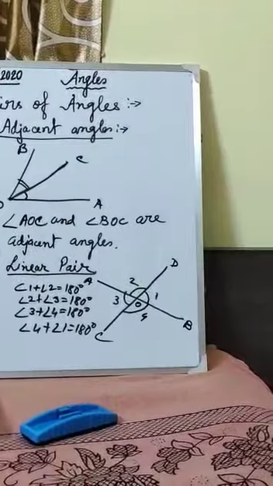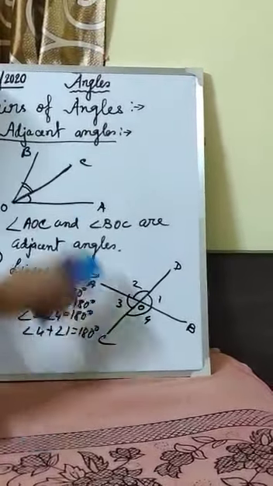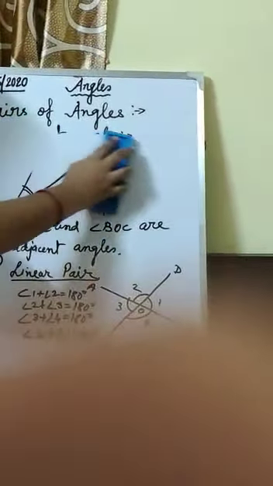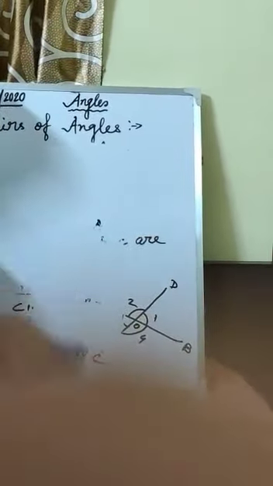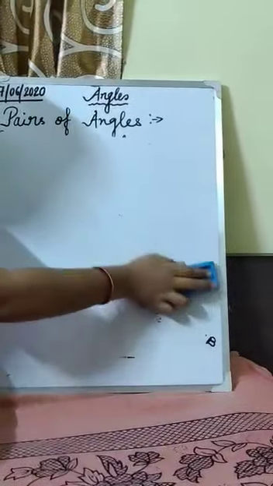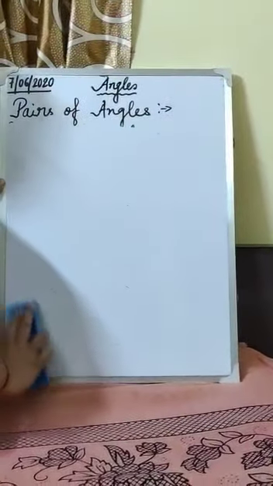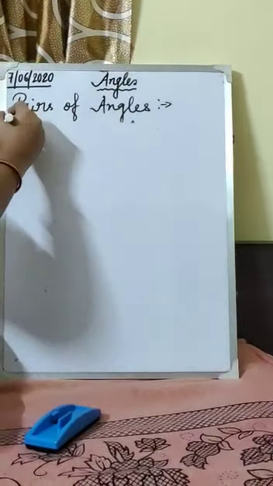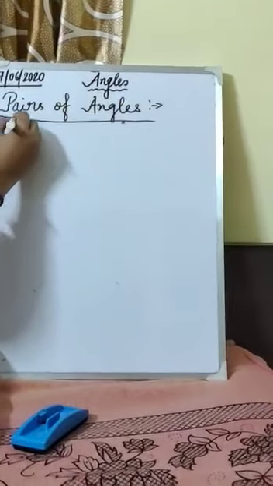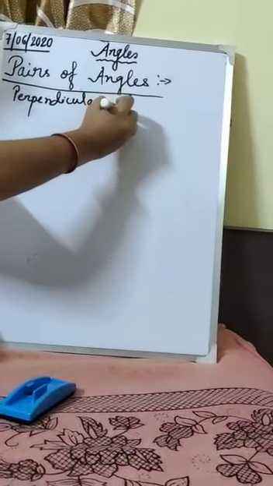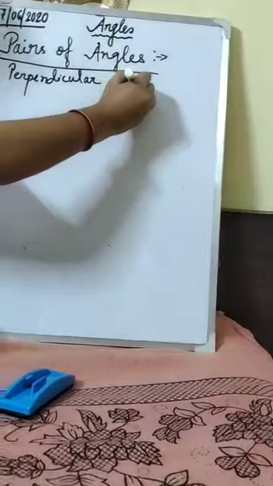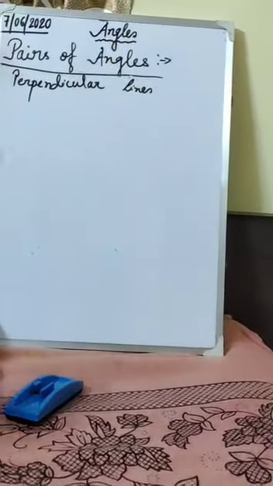Now, next is perpendicular lines. Okay. Perpendicular lines means what?